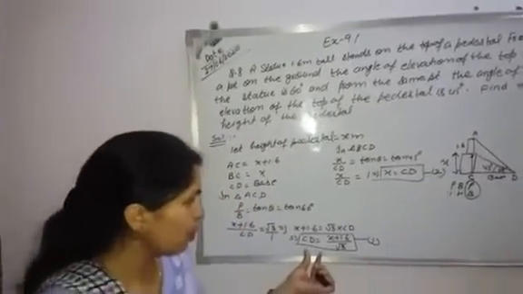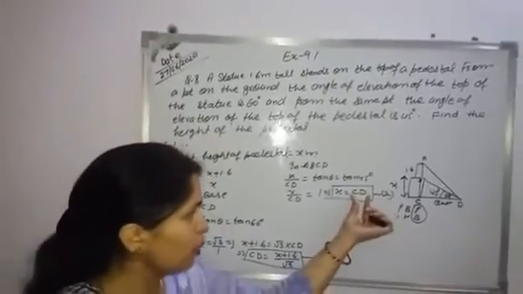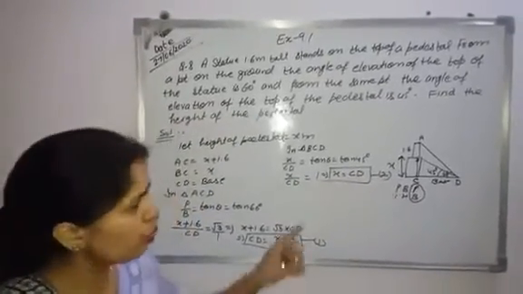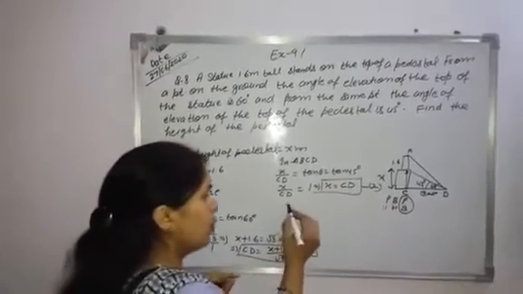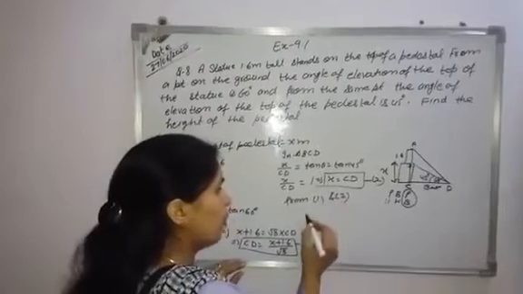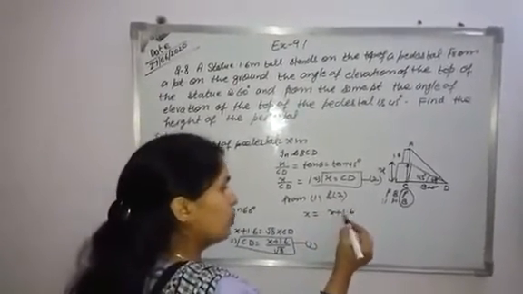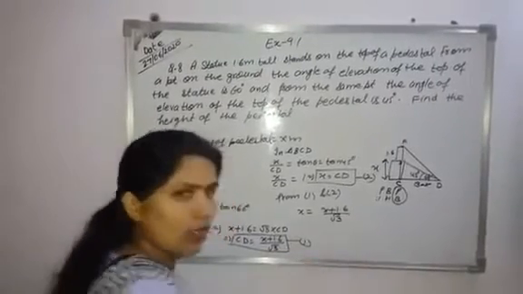This is our equation number 1 and this is our equation number 2. From equation number 1 we are saying that CD is equal to this value, and from equation number 2 CD is equal to x. So we can equate them, and from equation 1 and 2 we obtain x is equal to x plus 1.6 divided by root 3.